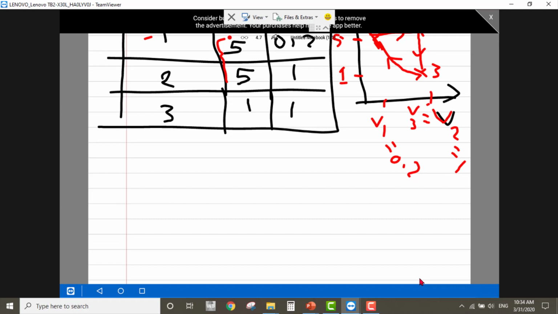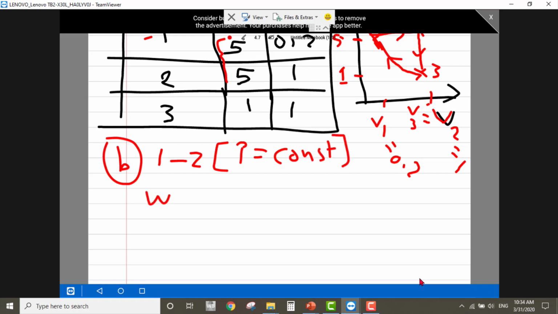Now part B, we need to find out work for each process. So process 1 to 2, in the statement of the problem it's mentioned that this is constant pressure, so here P constant.